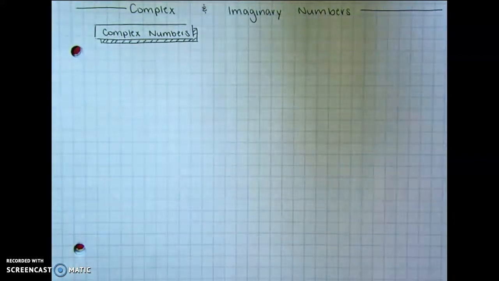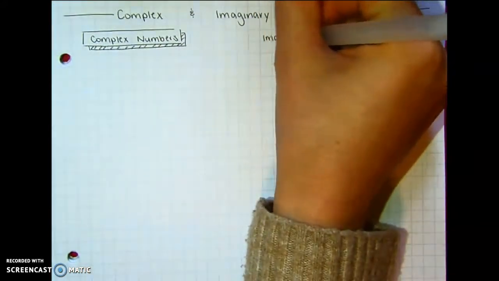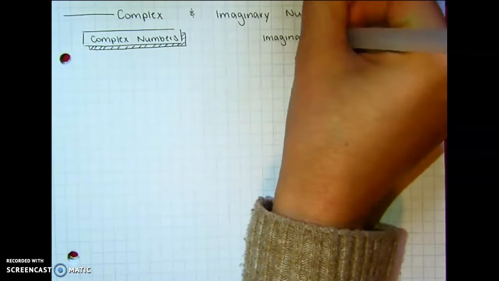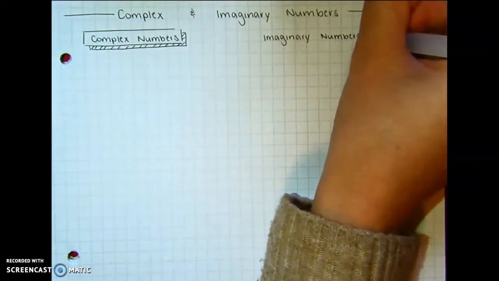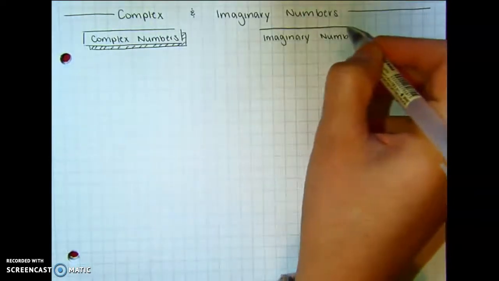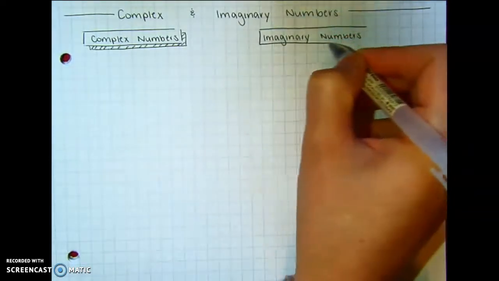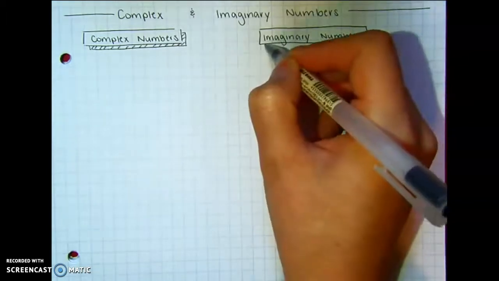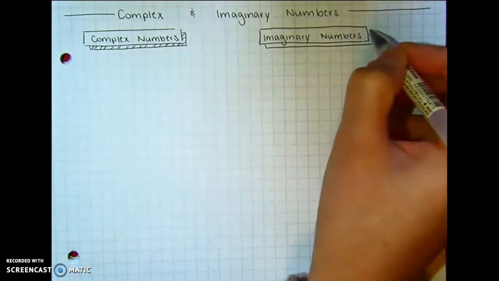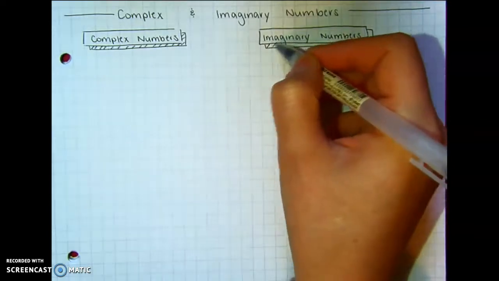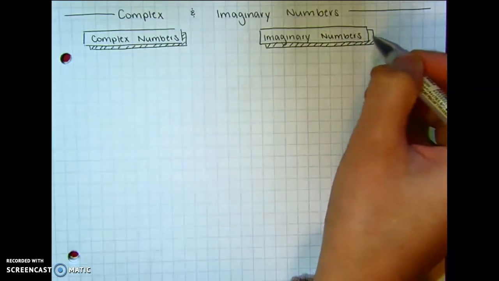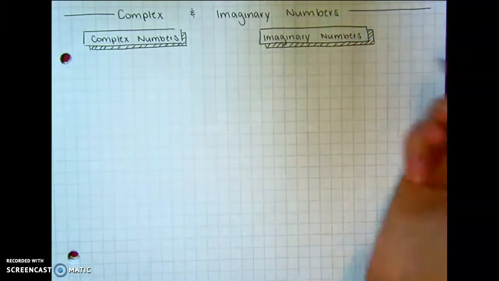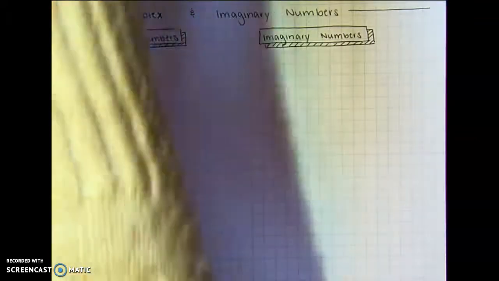Alright. Complex numbers versus imaginary. Alright, so what's the difference?